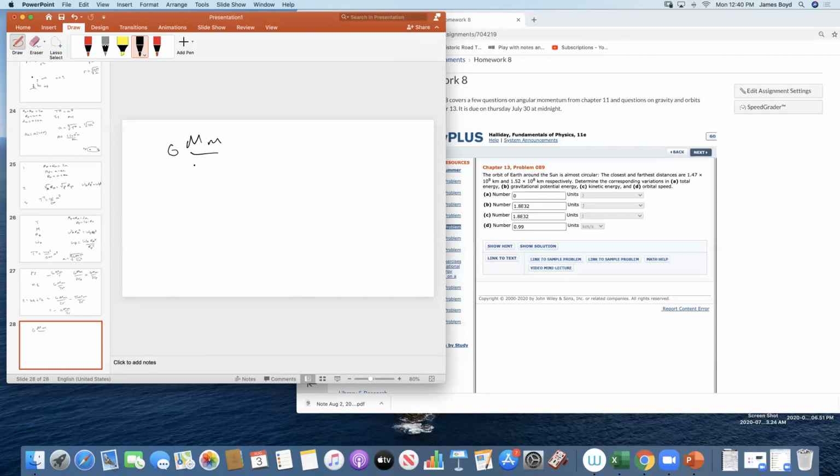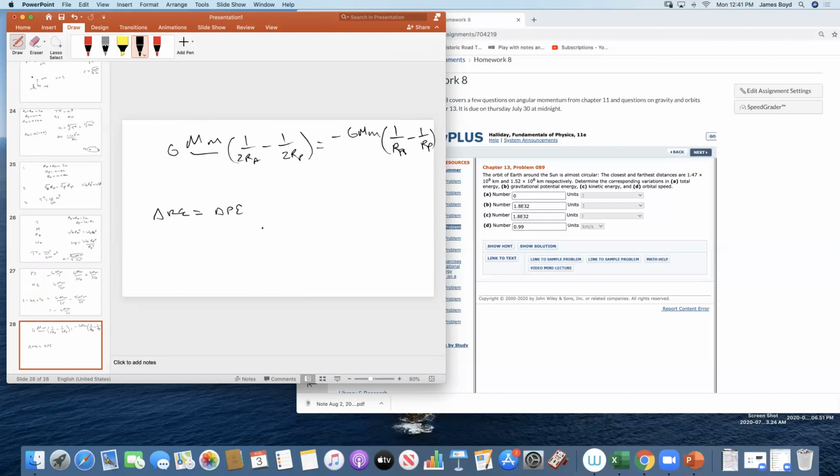The change in kinetic energy. So let me write, the change in kinetic energy should be equal to the change in potential energy, which gives us GMm times 1 over 2RA minus 1 over 2RP should be equal to negative GMm times 1 over RA minus 1 over RP.